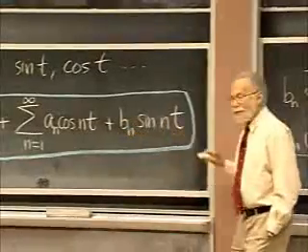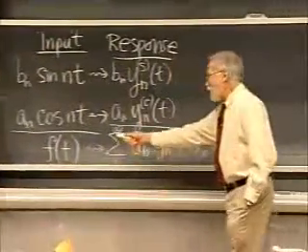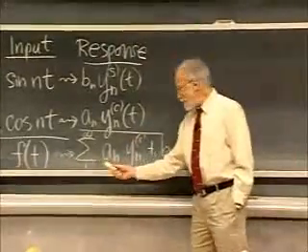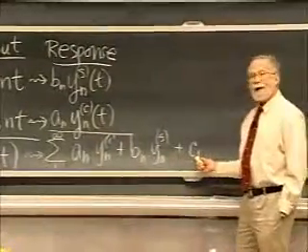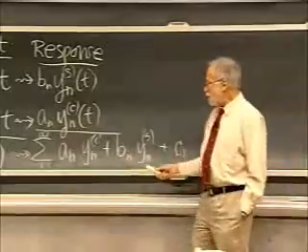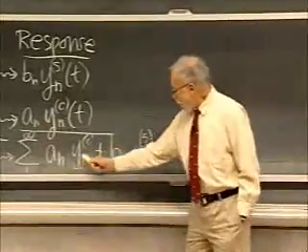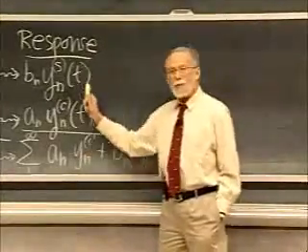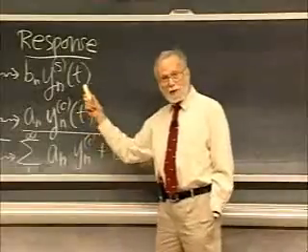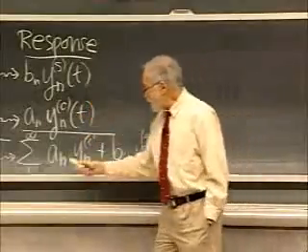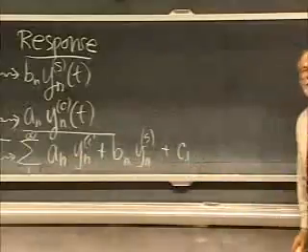Then the response to that general f of t will be this infinite series of functions, where these y's are things you already know how to calculate. They're the responses to sines and cosines, and you just form the sum with those coefficients.